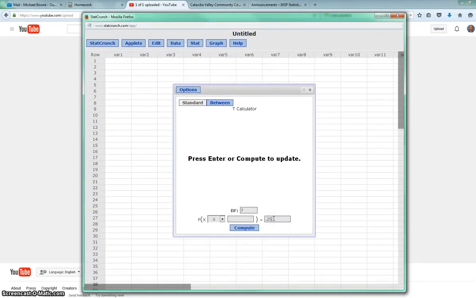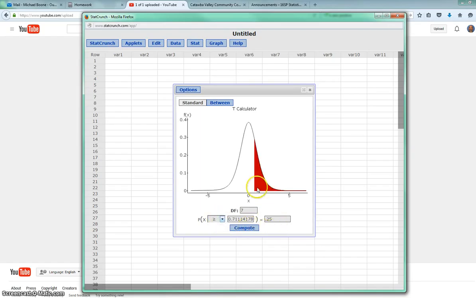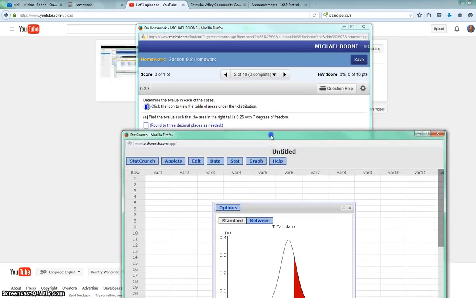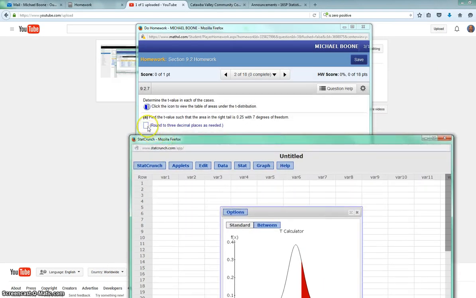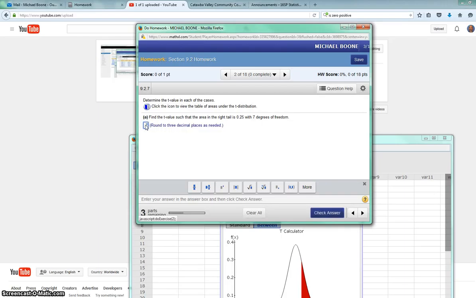So I want the area underneath the curve to be 0.25. So there's 25% in the right tail. So this is my t-value. So this is my critical value, we could call it. So 0.711, how many decimal places do they want? That would be to 3 decimal places.